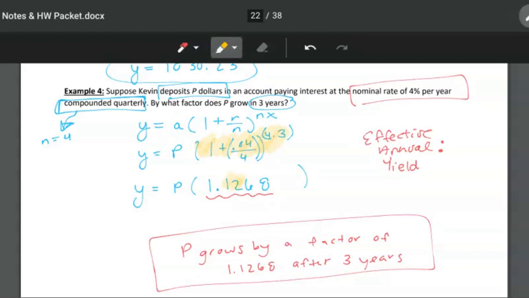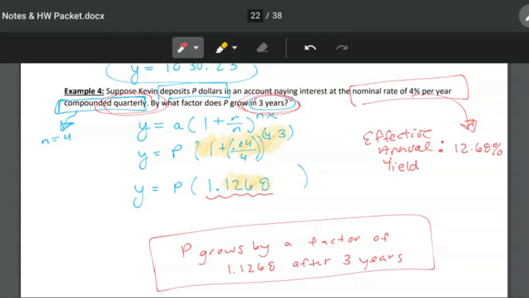You just look at the decimal part right here. Turn it into a percent, 12.68%. So that seems like a lot more than what they advertised. They advertised 4%. You got more like 12, which should make sense. If it was in the bank for 3 years, think 4 times 3 is 12. It should be around 12, but you do end up getting a little bit more than 12 since it was compounded quarterly and you got that interest 4 times a year.